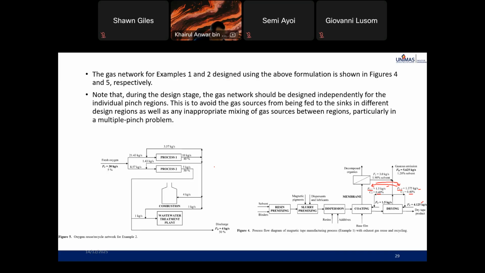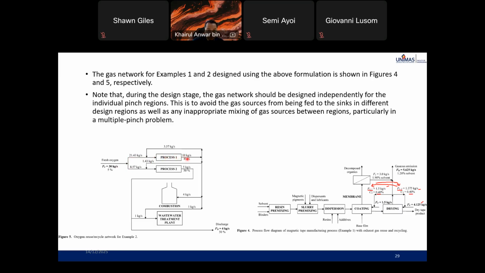This information is limited. First, oxygen is 30 kg per second without the cascade analysis, it's 41 kg per second. So from the 30 kg per second, 1.43 goes to process 1.